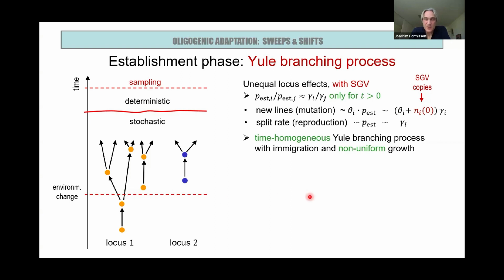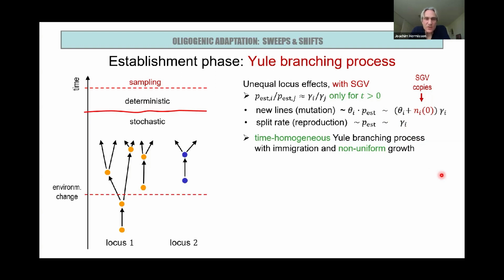So we include it here in the mutation part, and then say, all right, we have those. And then, of course, we have a split rate with every lineage as before. And so this indeed does the trick to account for the standing genetic variation here.